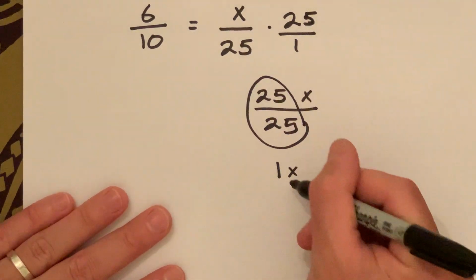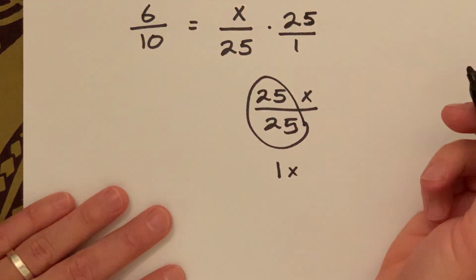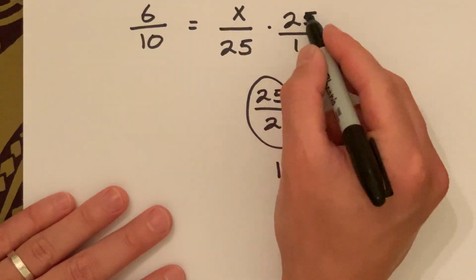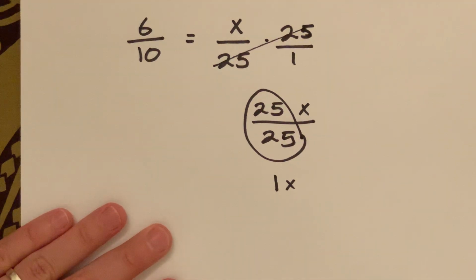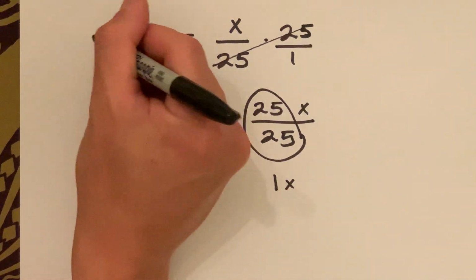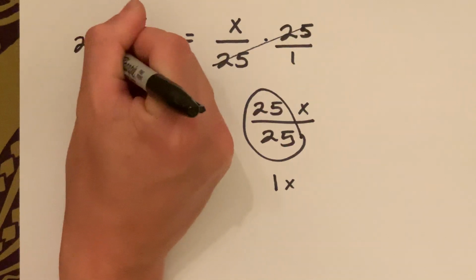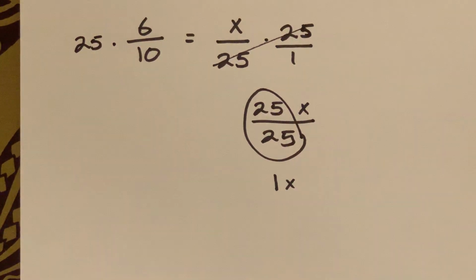But you don't have to do this the whole time. Instead, if you just multiply it by 25, you know it's going to get rid of those two. But remember, if you do it to one side, you have to do it to the other side. So times 25 on both sides.